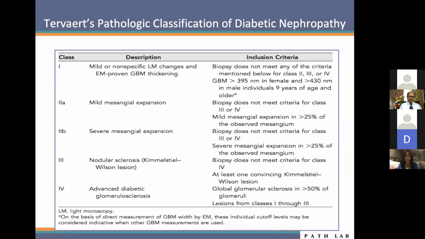The term advanced diabetic glomerulosclerosis means that you have more than 50% global glomerulosclerosis, irrelevant of whether you have nodular sclerosis or only mild mesangial expansion. And it has even been described in class 1, where you get non-specific light microscopy changes, but the glomerulosclerosis is then attributed to diabetes.